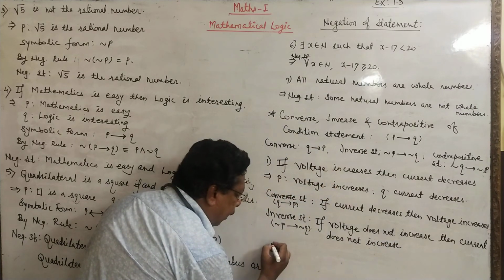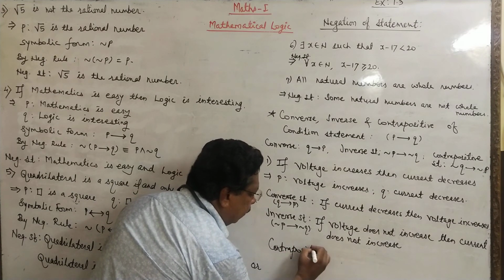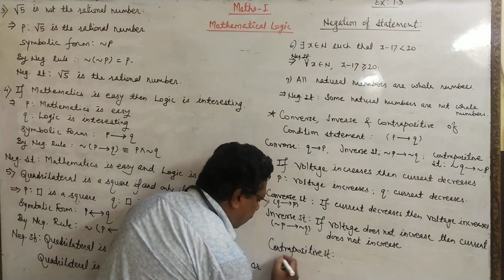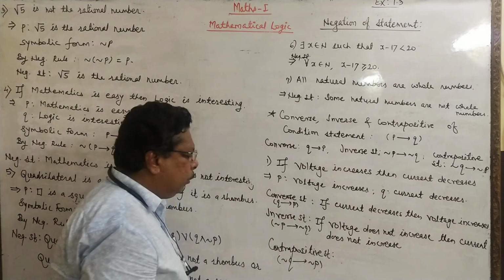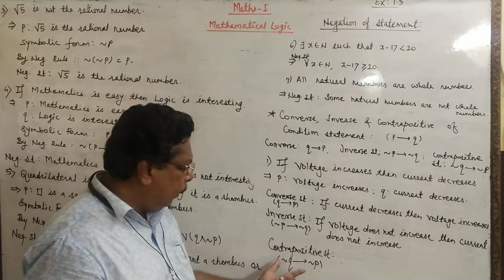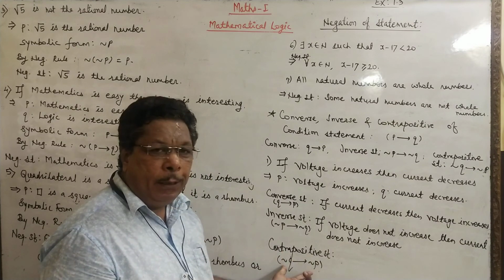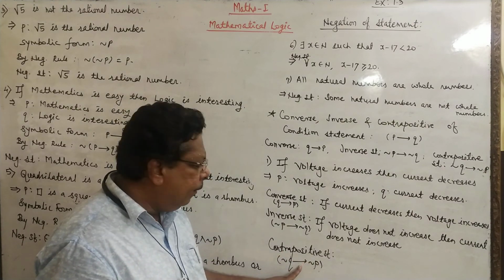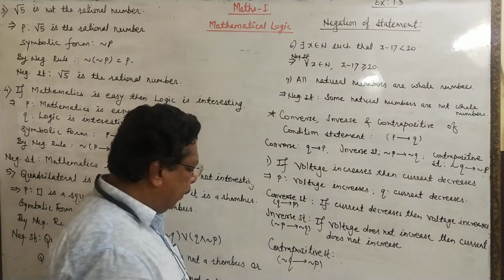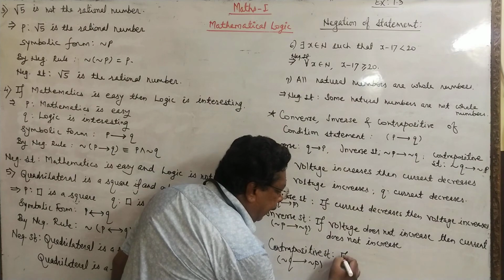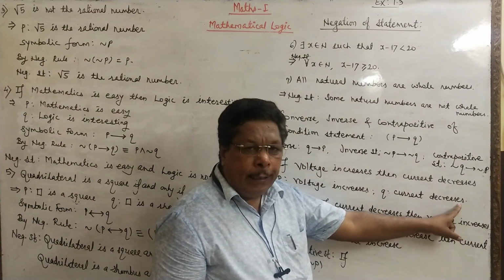Then you have to write the contrapositive statement. Contrapositive is negation Q conditional negation P. These two statements are joined by the connective if then. First write down: if negation Q. Q is current decreases.